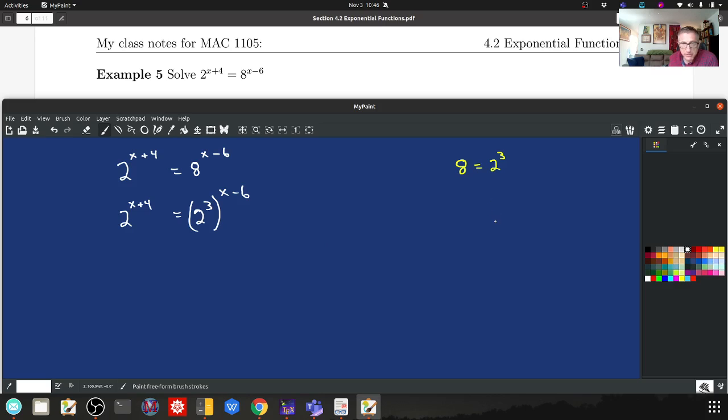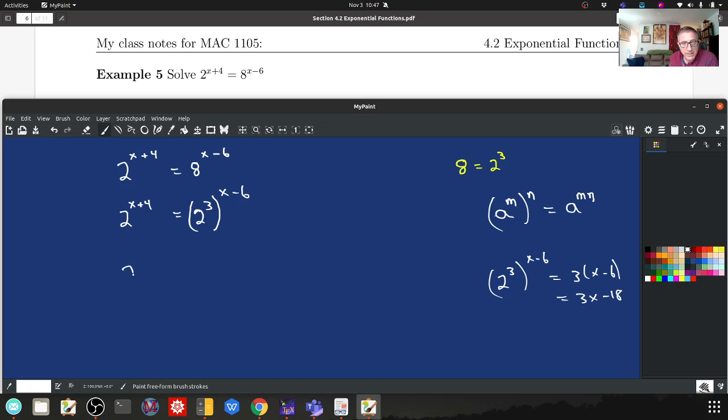But remember our exponent rule that says a raised to the mth power raised to the nth power is equal to a raised to the m times n. So 2 to the third raised to the power of x minus 6 is equal to 2 to the 3 times x minus 6, which is equal to 3x minus 18.